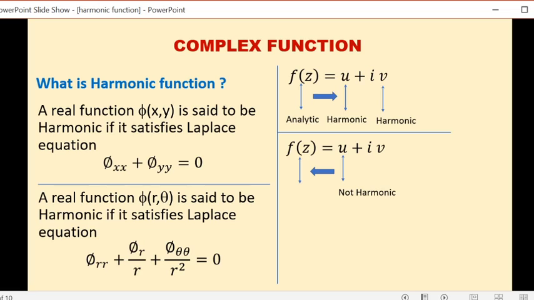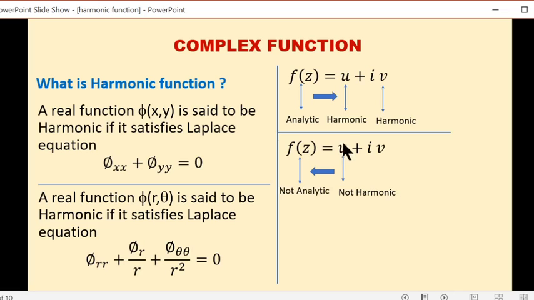If the real part function u is not harmonic, what can you say about the entire complex function f of z? It is not analytic. Very good.